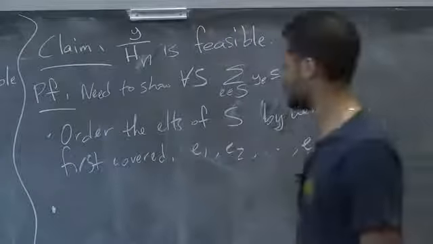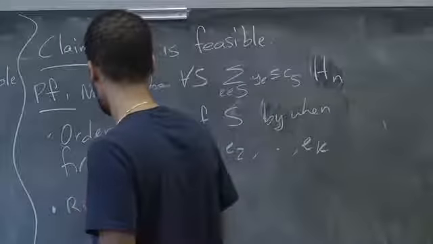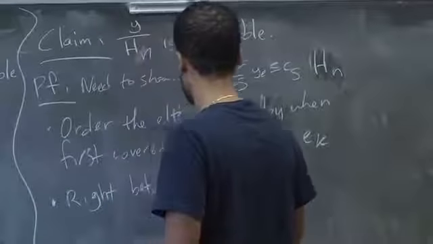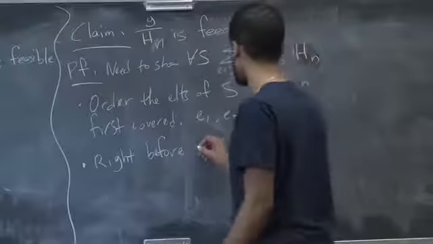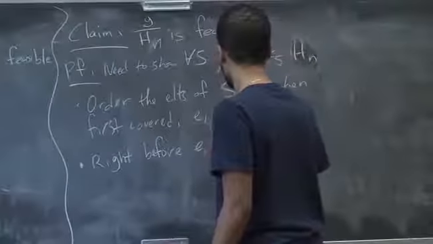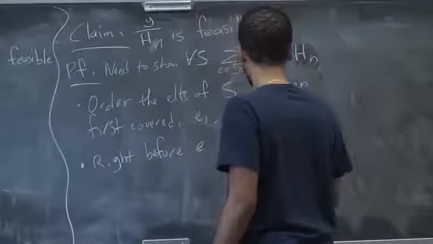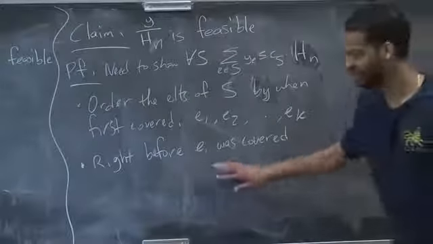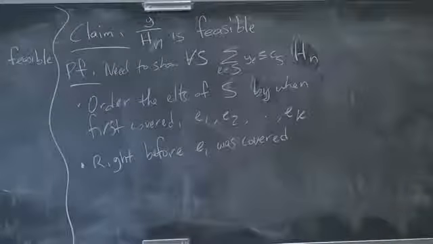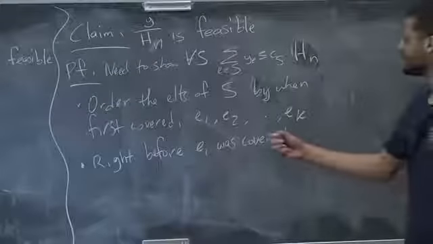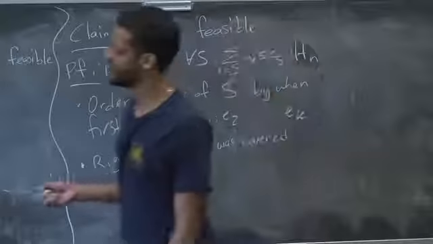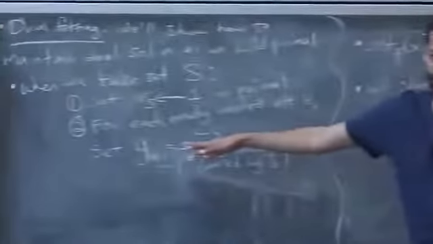Let's look at right before e_i was covered. What I want to say is that each one of these e_i, at some point when it's first covered, is going to get its y sub e set, right?